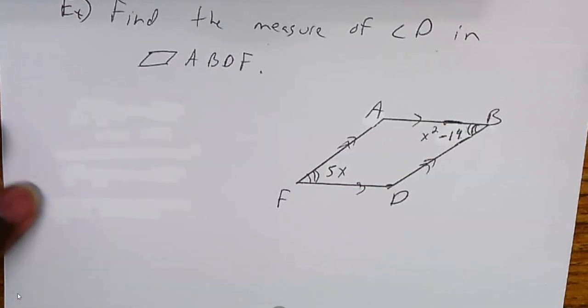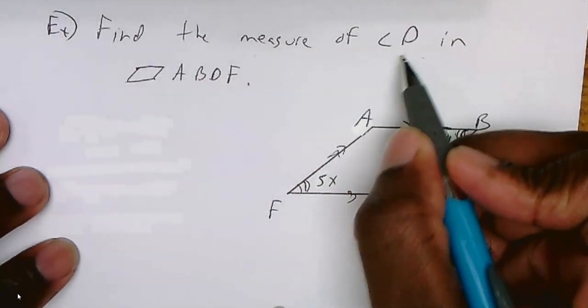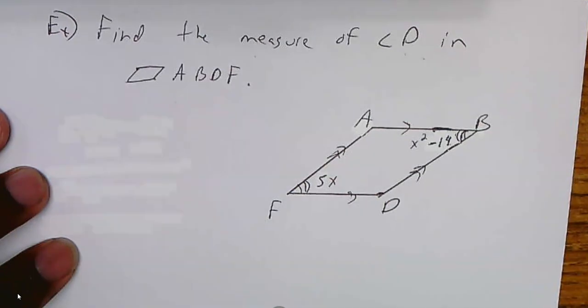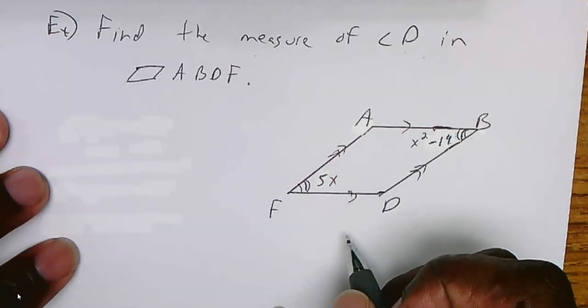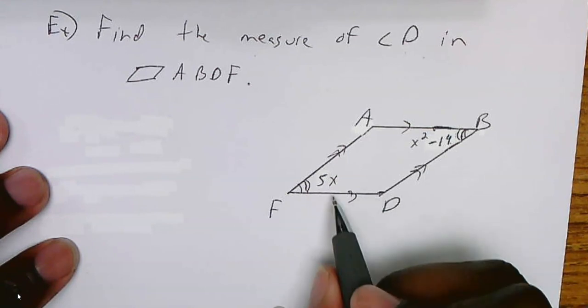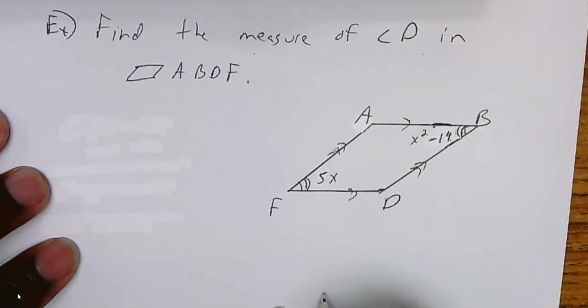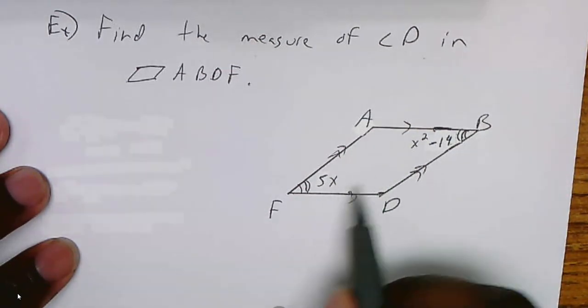All right, so in this new example, it says find the measure of angle D in parallelogram ABDF. So here's angle D. And it didn't tell us anything about angle D. But I do know this though. If I could find angle F, I could find angle D. So because of that, I'm going to find angle F first. And I need an equation.